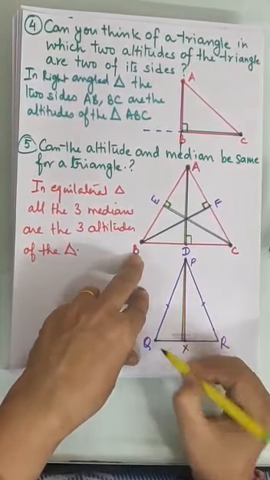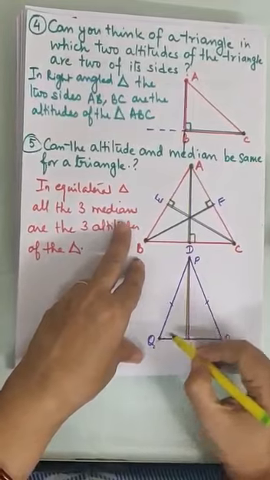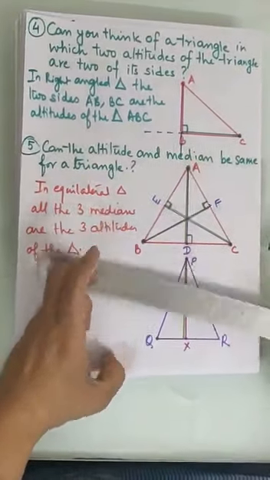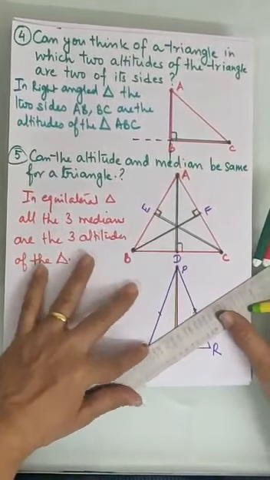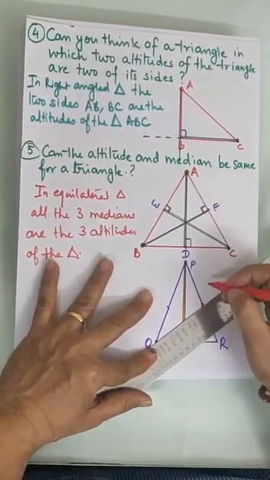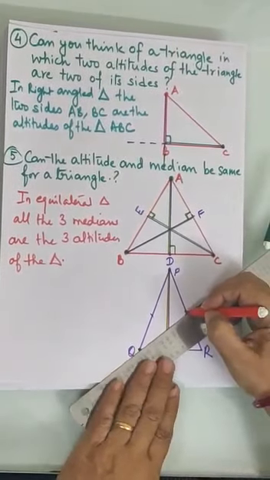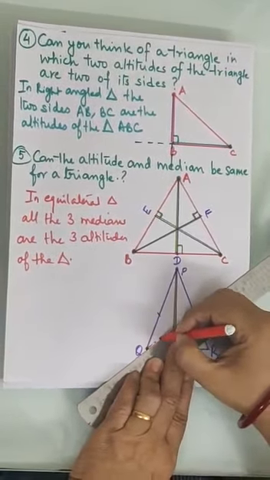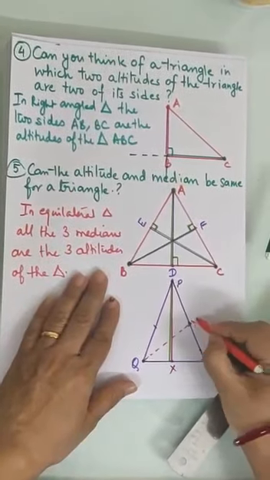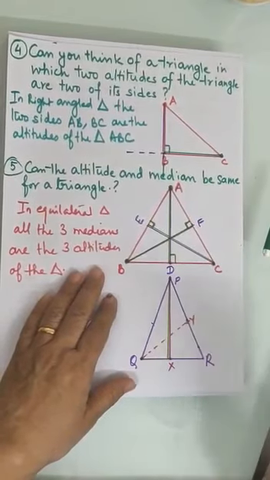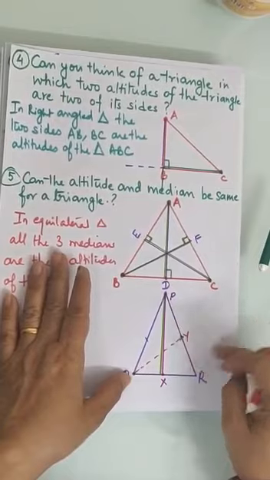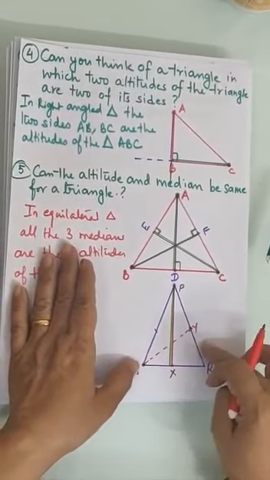Suppose we take this P point. Let us try to find the median. Midpoint of PR is somewhere here. Okay, you join it. Name it Y. So QY is the median. Now from Q, if you have to draw a perpendicular on PR, that is, you have to make an altitude.